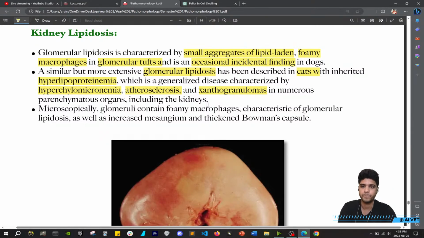So microscopically, glomeruli contain foamy macrophages. Macrophages is a keyword. Foamy macrophages are characteristic of glomerular lipidosis, as well as increased mesangium and thickened Bowman capsule.